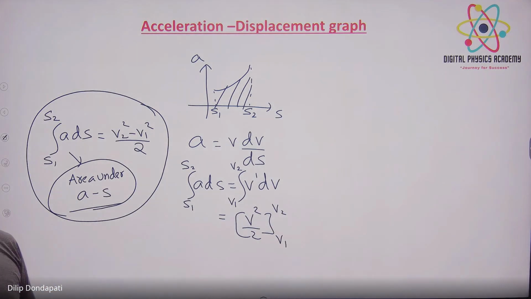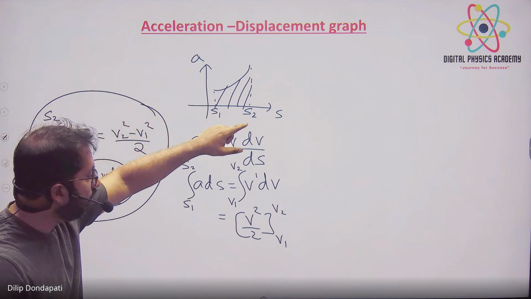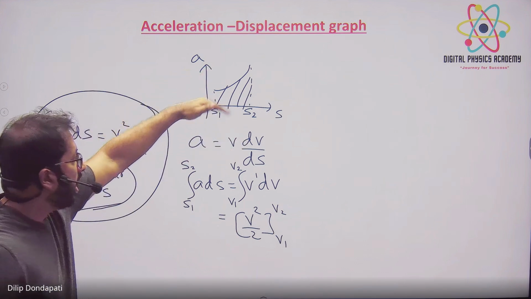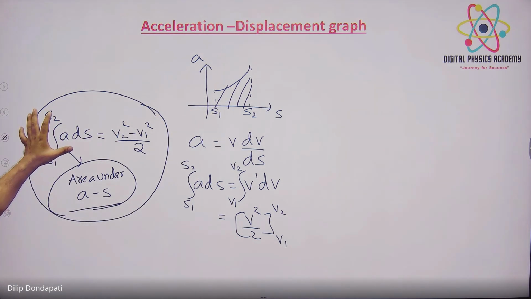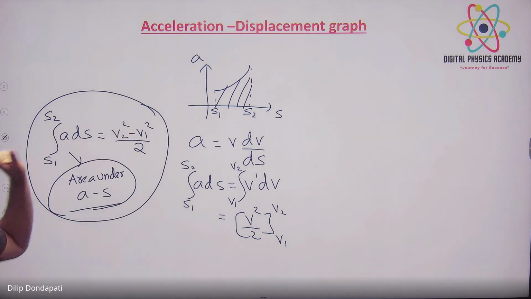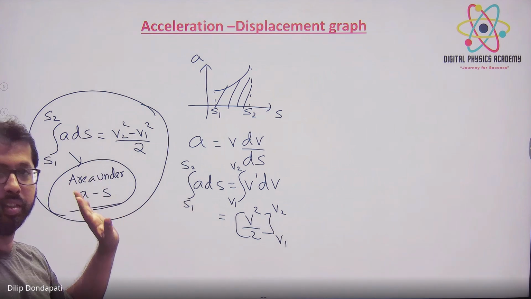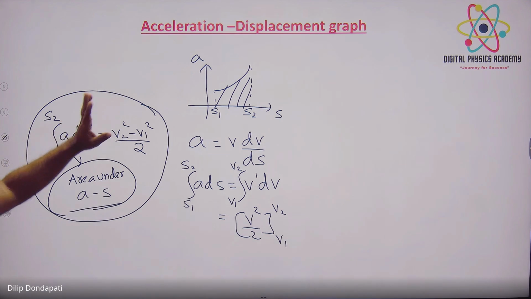This is the one conclusion. Whenever acceleration displacement is given to you, finding the area is nothing but integration. If you find the area, we'll get v2 square minus v1 square by 2. They'll give v1, v2, everything, substitute and you'll get the answer of area under the graph.